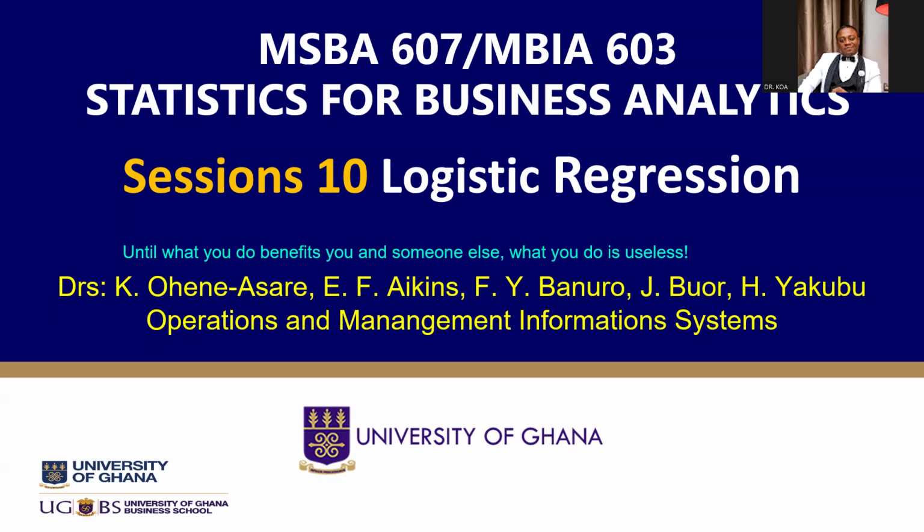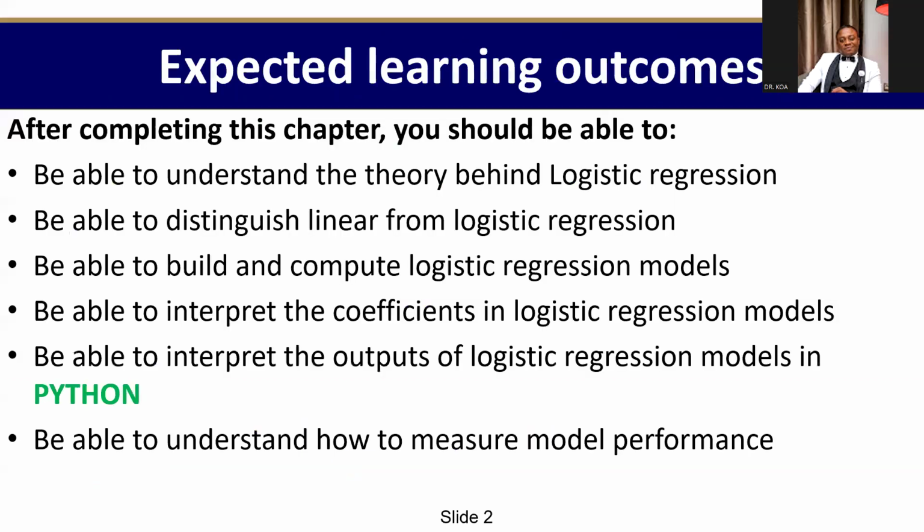As you know, we have already looked at simple regression and multiple regression. This is logistic regression. By the end of the study, you should be able to understand the theory behind logistic regression. You should distinguish between a linear regression from a logistic regression, and then build and compute logistic regression models.